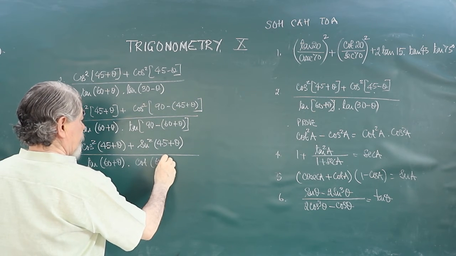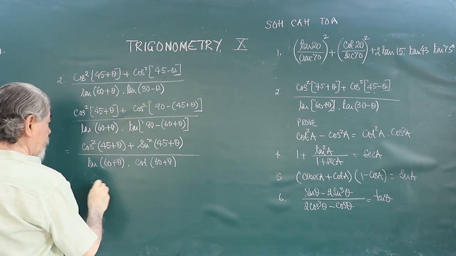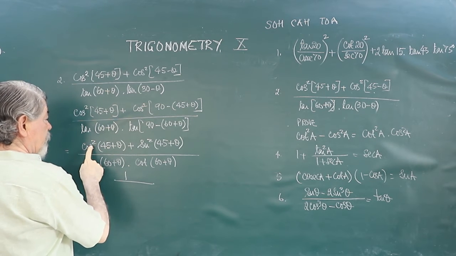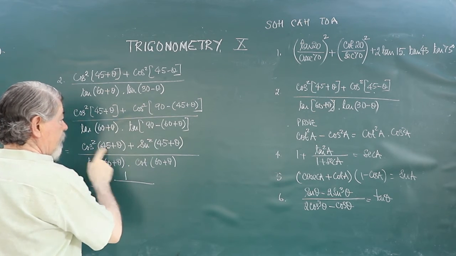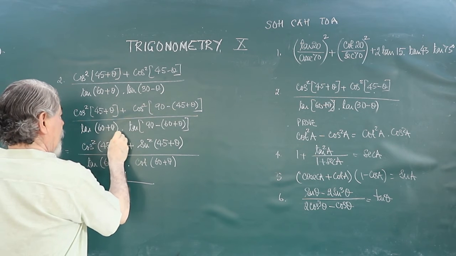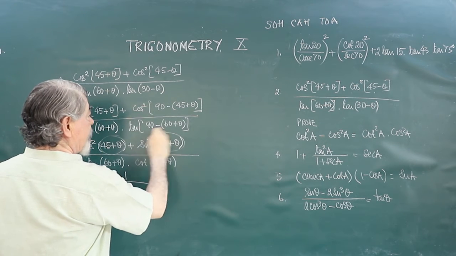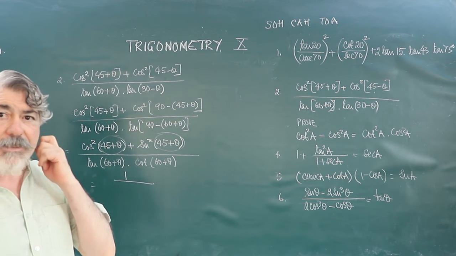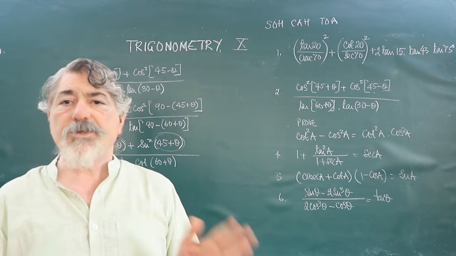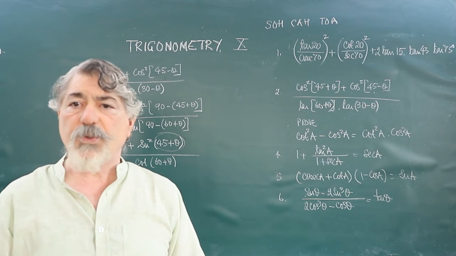Cot 60 plus theta. This will become 1 because of sine square theta plus cos square theta. Instead of theta, I have 45 plus theta. The same angles are there. So it will become cos square theta plus sine square theta, which is equal to 1.